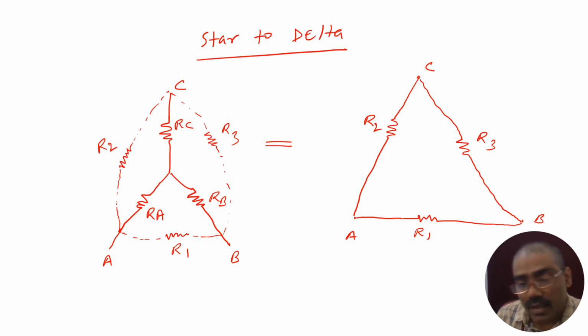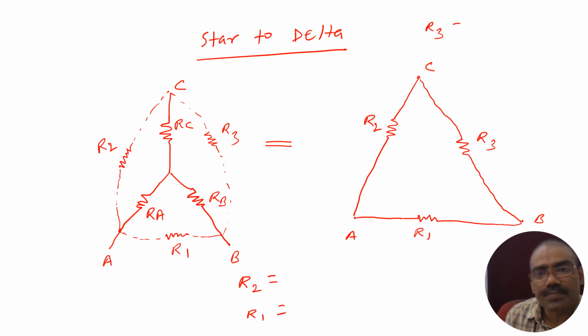Now again, as we are converting from star to delta, we will have to calculate the values of R1, R2 and R3, these unknown resistances.